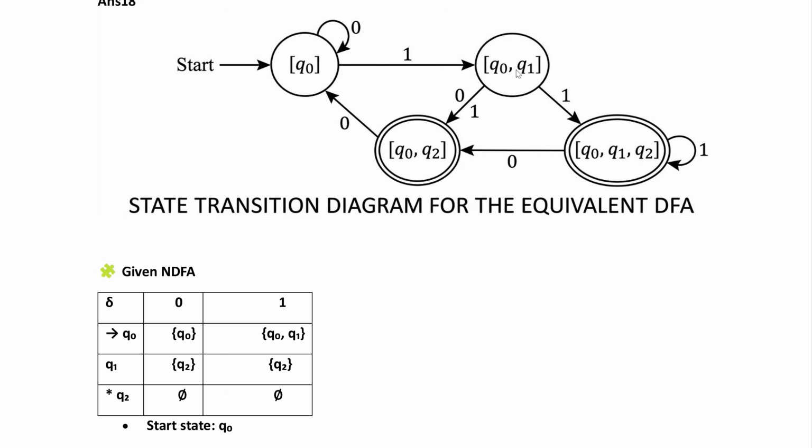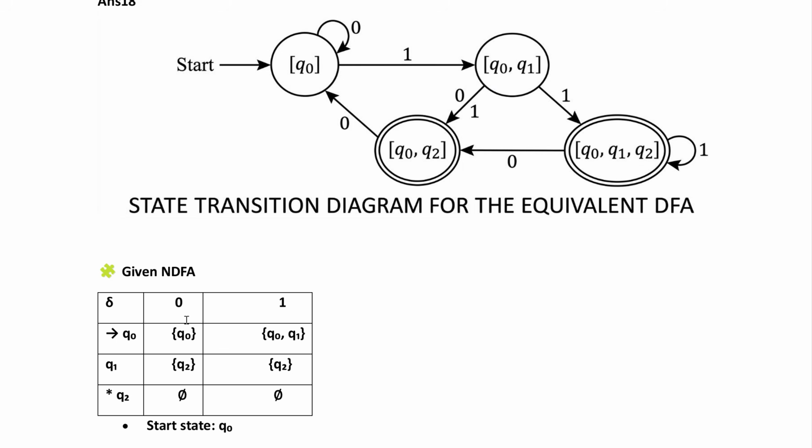How will you apply the symbols on Q0 and Q1 combined? First of all, we take the states one by one. We apply the input symbol 0 first. Looking at the transition table, when we apply 0 to Q0, we get Q0 as the next state.